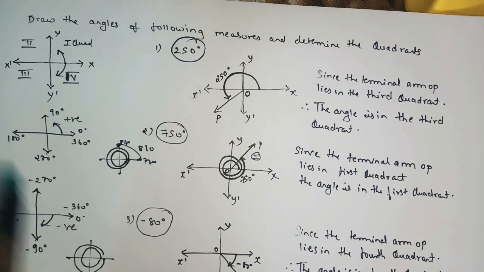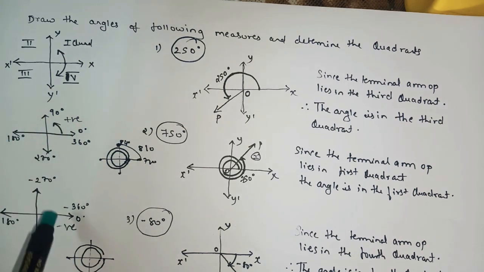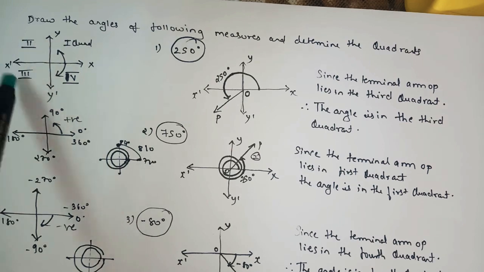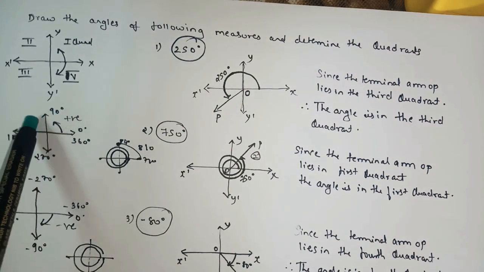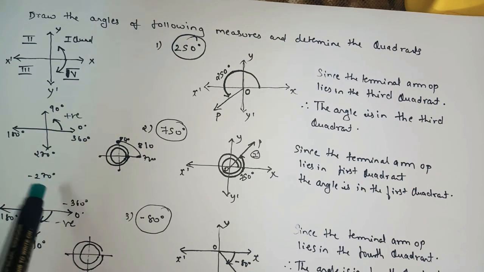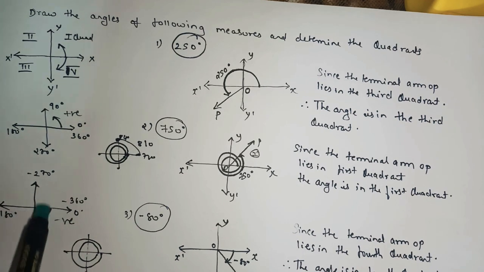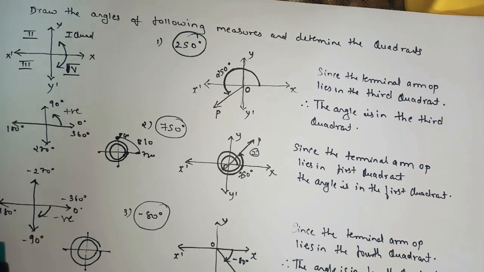Whether the angle moves anti-clockwise or clockwise, the position of the quadrants never changes. It is fixed: first, second, third, and fourth.